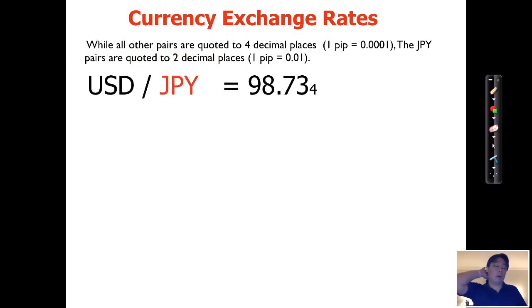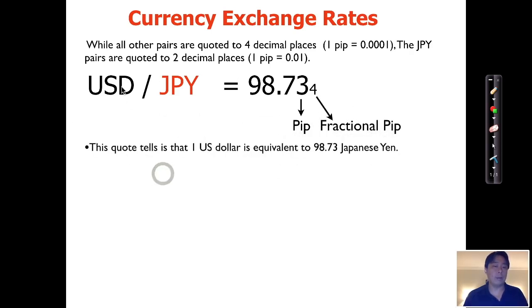So the best example is the US dollar yen. In this case, the dollar yen is 98.73. So again, what is this called? The first currency in the quote is the base currency. Remember, this is the base currency. Let me write down. This is the base currency.